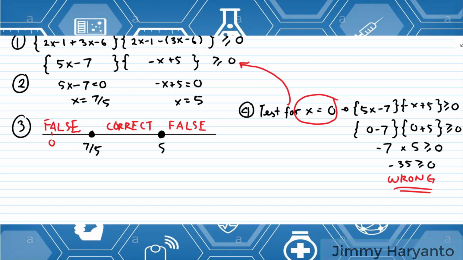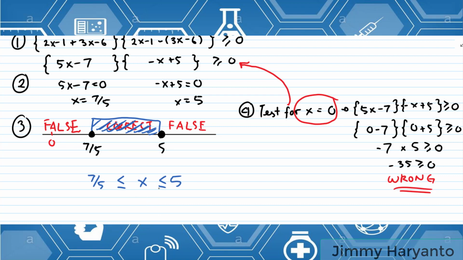Shade the correct one, so we shade this one. The notation will be 7 over 5 less than or equal to x less than or equal to 5. Since the shape is a rectangle, remember the rectangle one, x is in the middle of the numbers, and the sign is always less than.